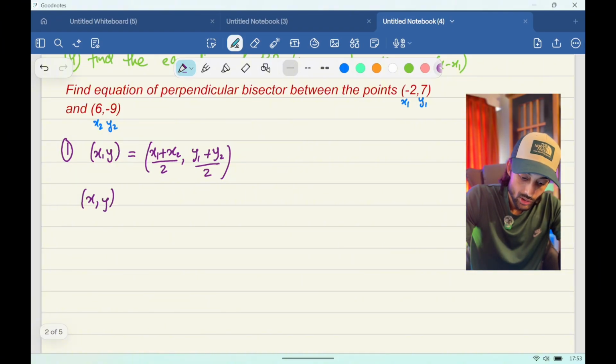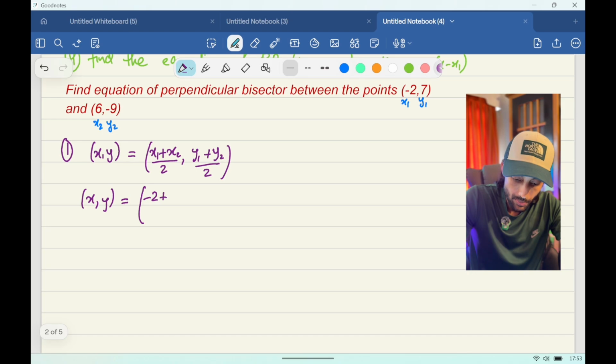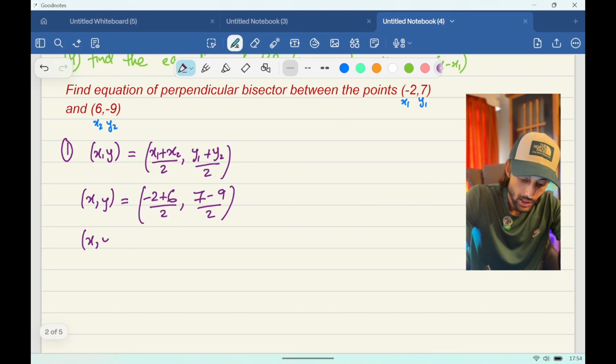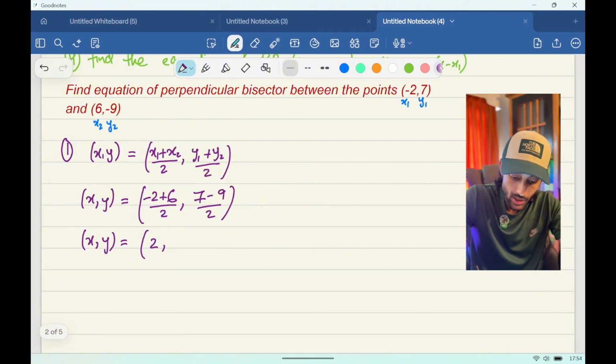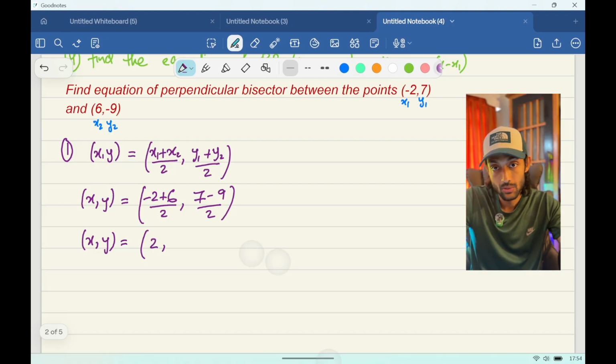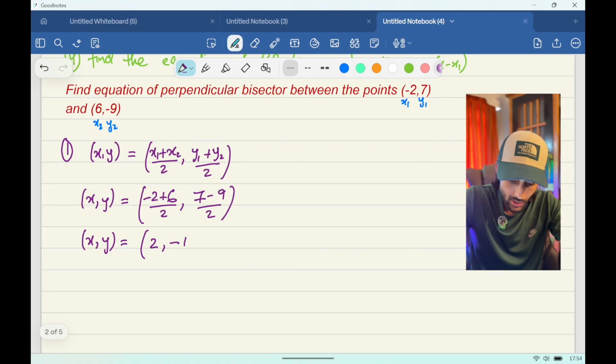coordinates of the midpoint. So x comma y will be equal to, my value of x1 is -2 plus the value of x2 is 6 over 2 comma the value of y1 is 7, then we have -9 over 2. Now I can clearly see that my midpoint will be equal to -2 plus 6 will give you +4 over 2, which will ultimately give you 2 comma 7 minus 9 is basically -2 over 2, which will ultimately give you -1.